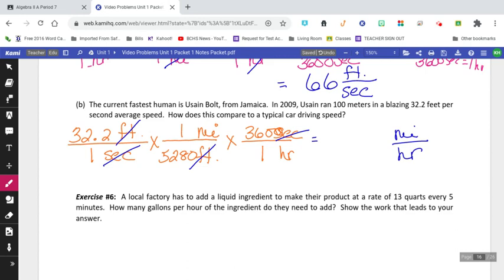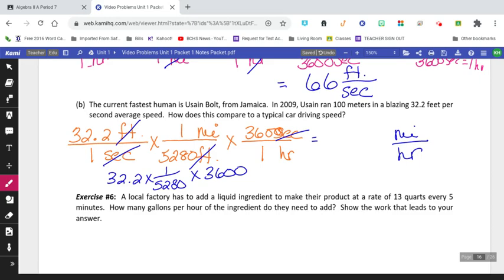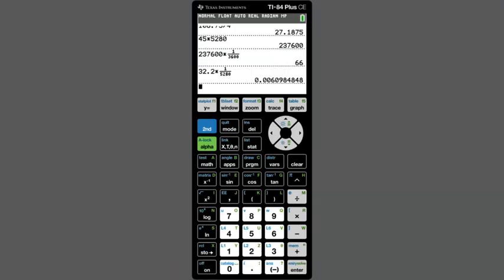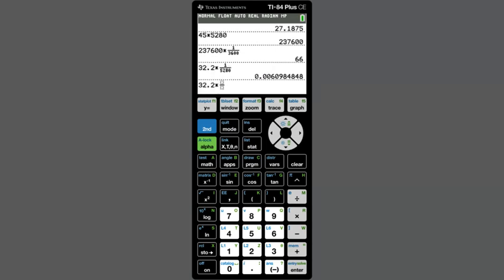So now I do my multiplication. I have 32.2 times 1 over 5,280 times 3,600. Now, I already did the multiplication, but I'll do it again. So now you would put in your calculator 32.2 times 1 over 5,280 times 3,600.